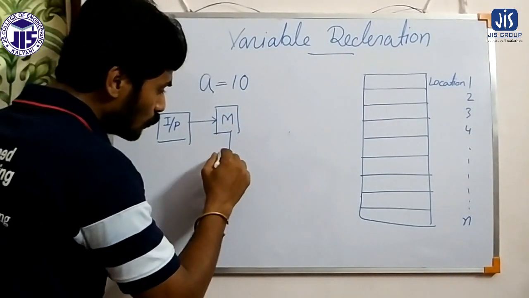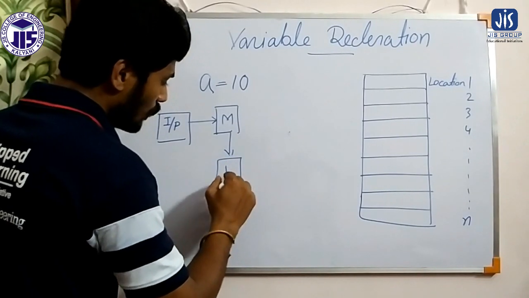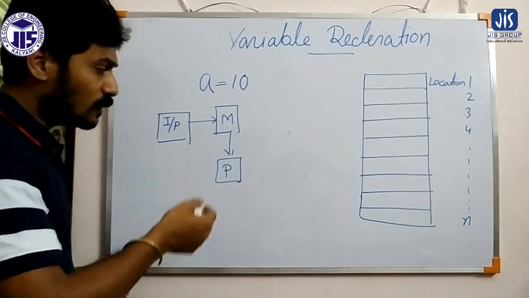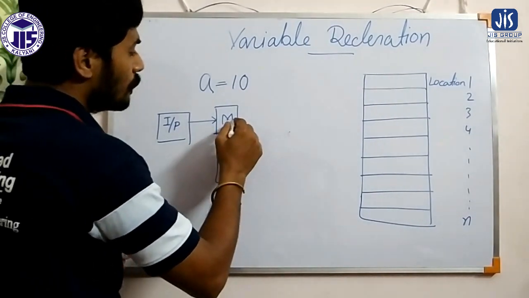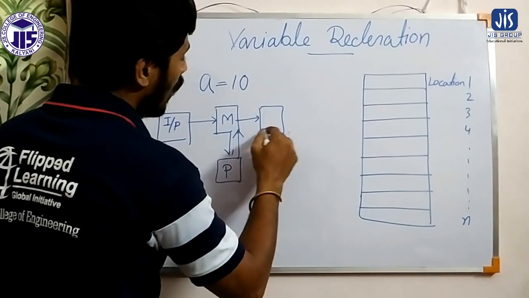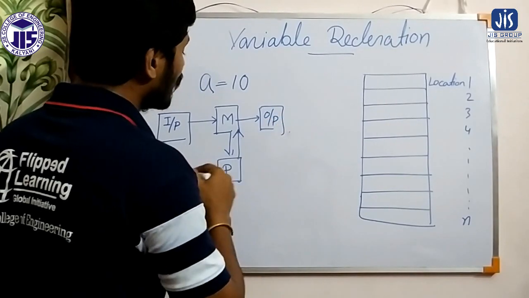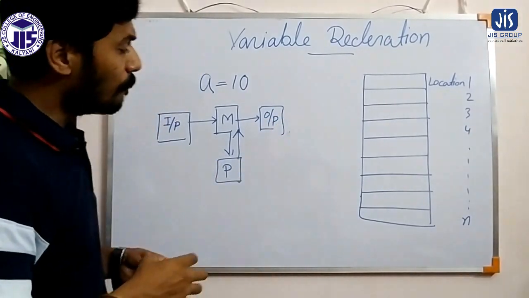Then from the memory it will go to the processor. After performing the process, the processor will again return the data to the memory, and from there it will go to the output device. So that means we are performing the operation by involving the memory.